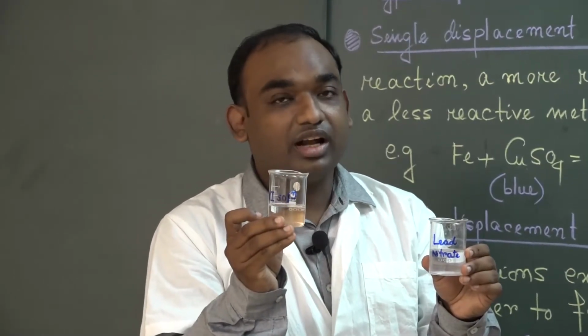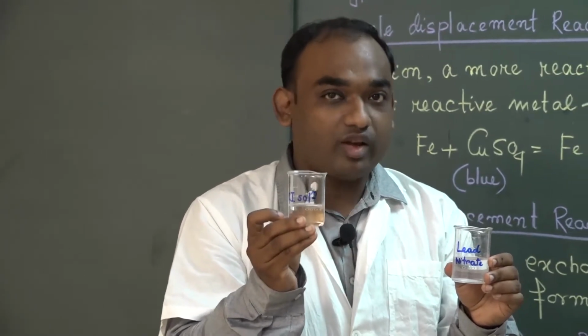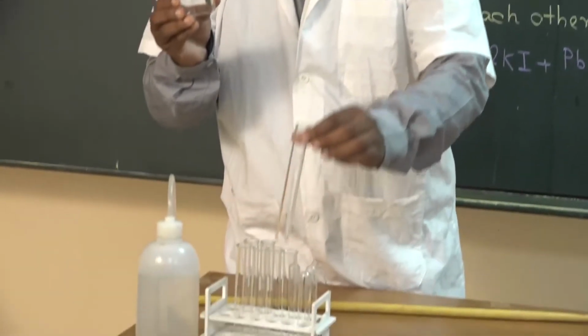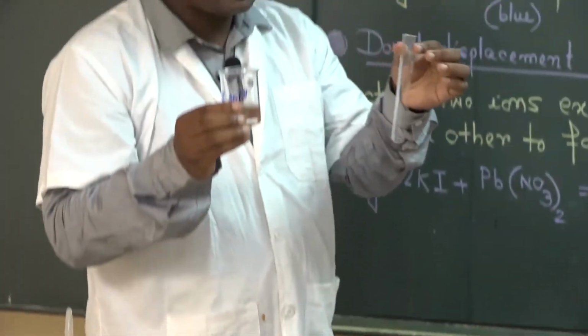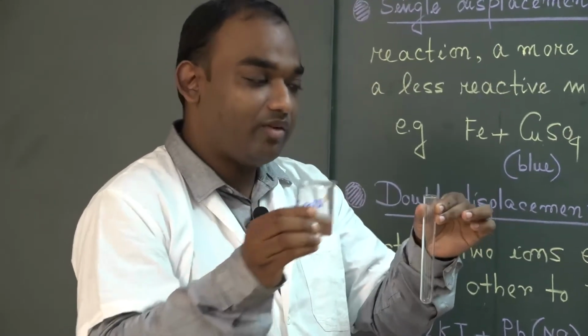The solutions are taken in large quantities, so now we will try to transfer them into test tubes. In the first test tube I am taking a small amount of potassium iodide.